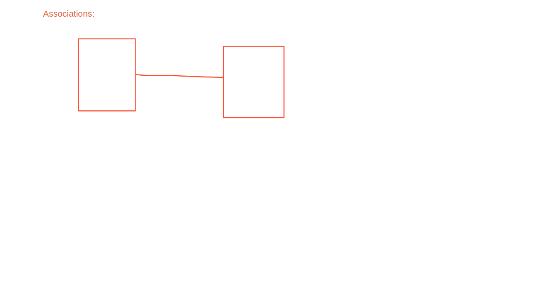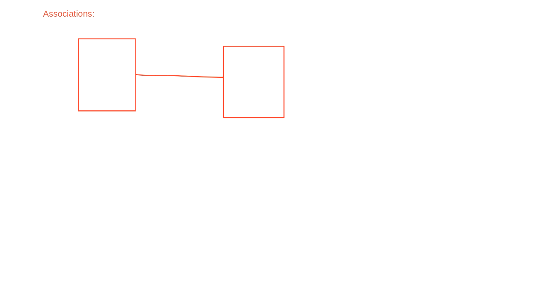An association represents the static relationship between the classes. Suppose you have one class here and another class here. With the help of an association, you show that one class is related to another class. This is called association.